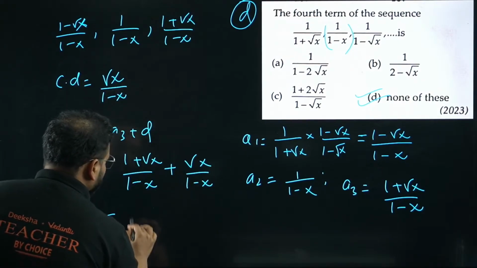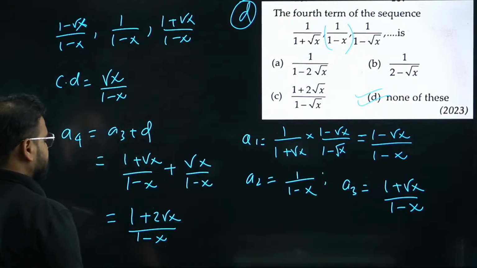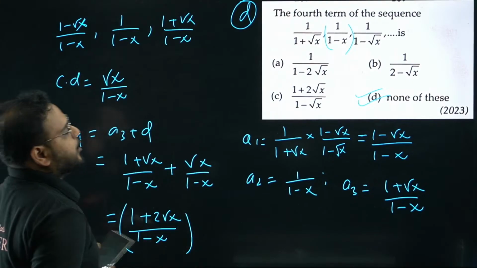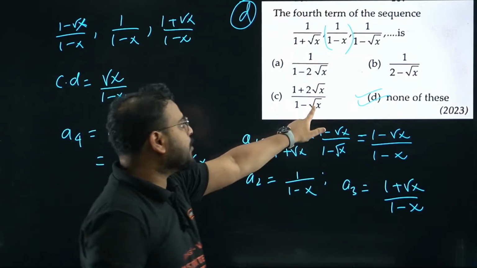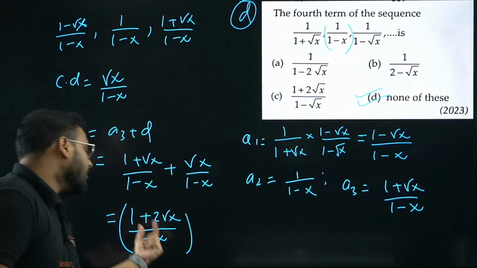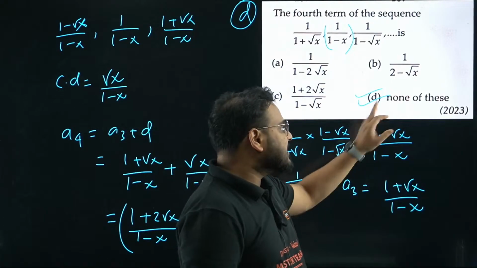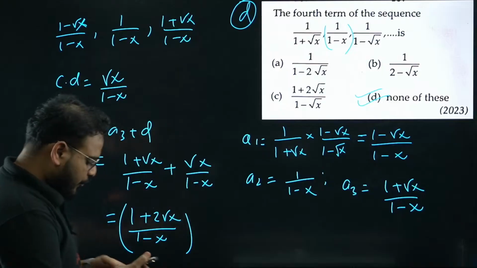I'll end up with 1 plus 2 root x divided by 1 minus x. Any option like this? Option C, check the denominator. It is 1 minus root x. We should have 1 minus x. Hence, option D is the correct option. Works for all of you?